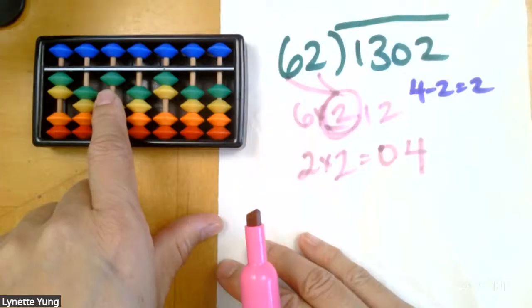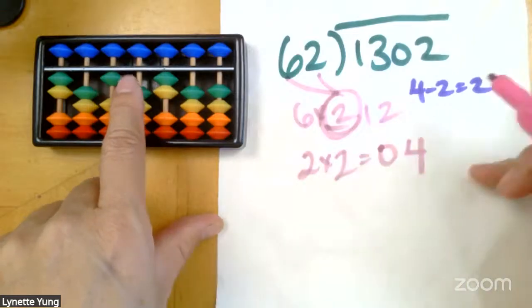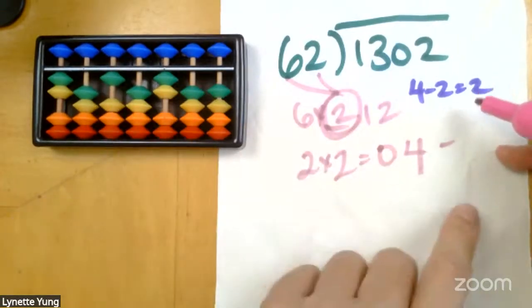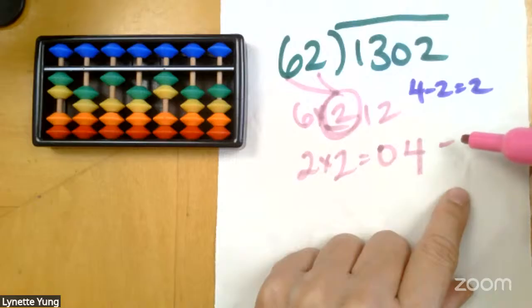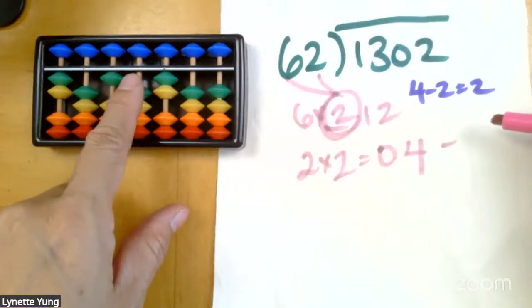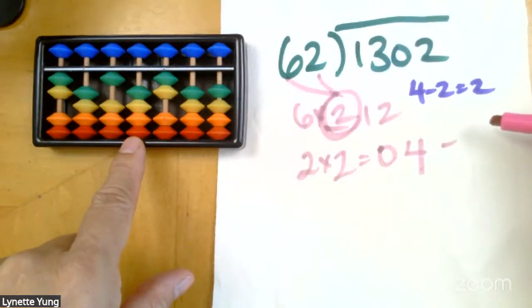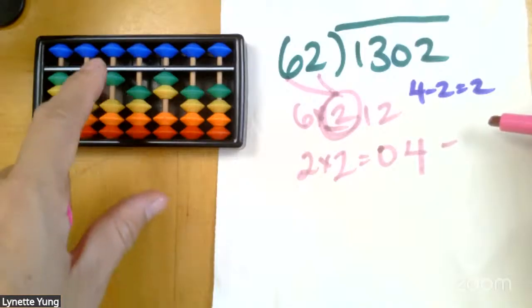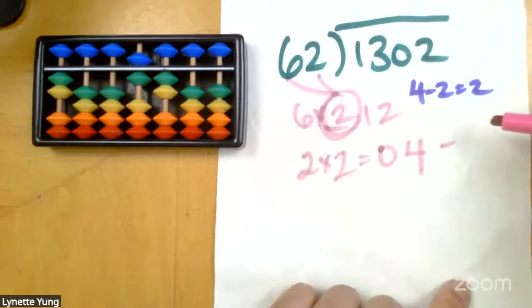Take away the 4. How do we take away the 4? 0, 4 minus the 10 plus the 6.